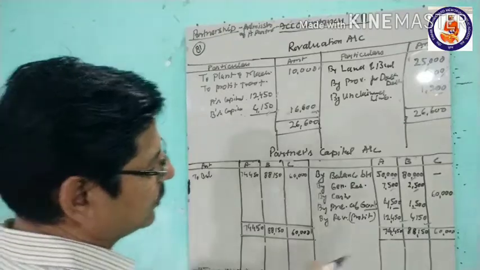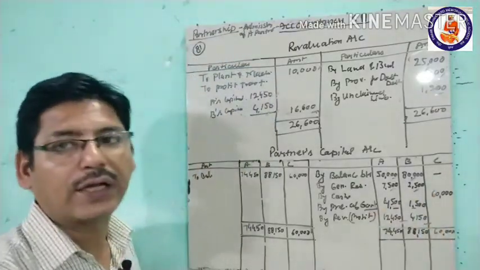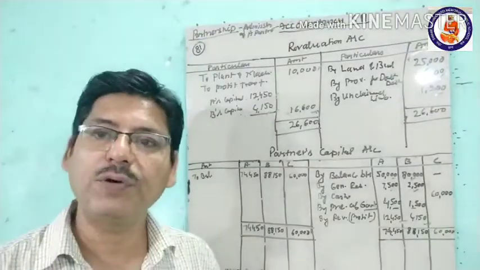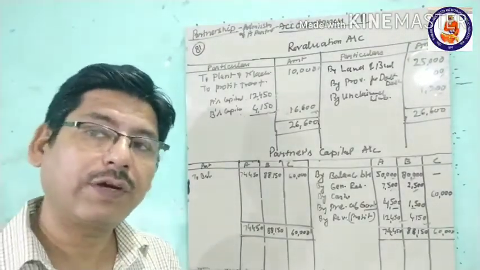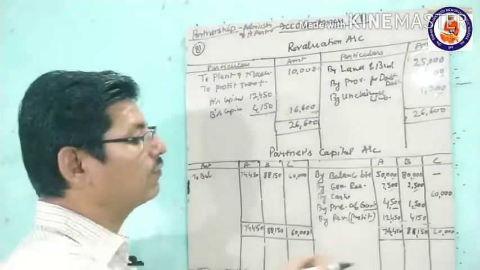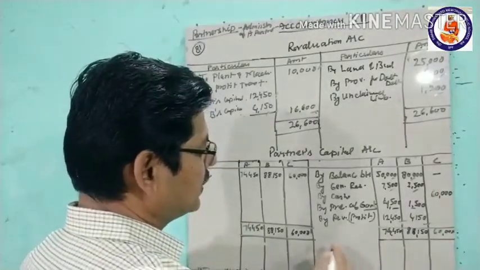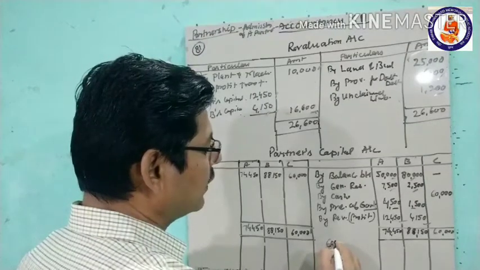Now when 60,000 is his share, we will find out how much should be the capital of old partners. He is getting 1/4 share. When he is getting 1/4 share, he is bringing 60,000 rupees.